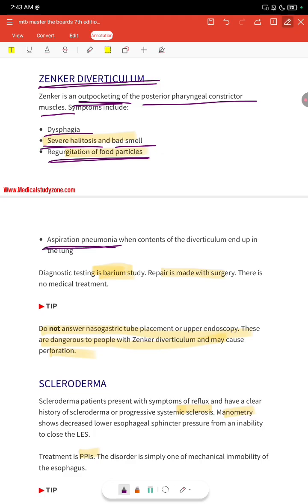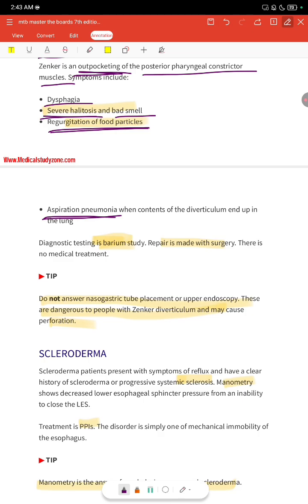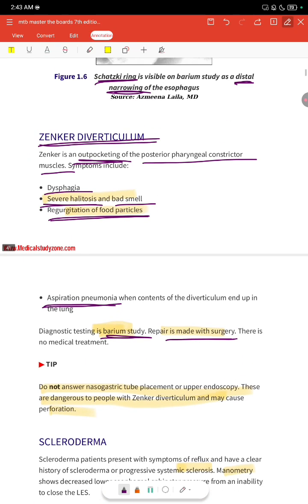Diagnostic testing is barium study. Repair is made with surgery. There is no medical treatment because there is a structural problem, which is outpocketing of the posterior pharyngeal constrictor muscles.